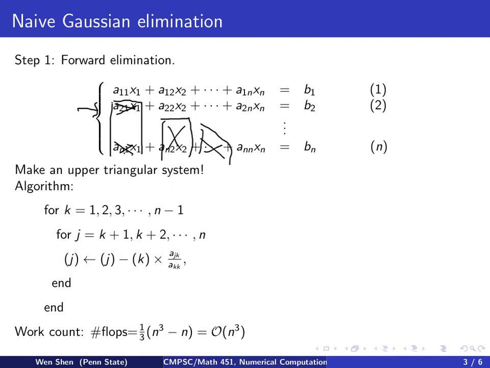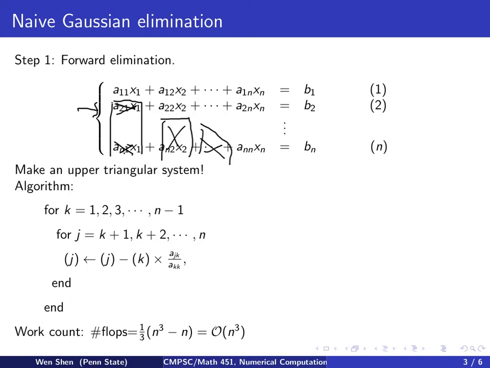Note that here, the j and the k indicate the whole equation. So there are actually many terms in the equation, and there is a hidden for loop in this line here. Let's do a work count. Let's count the total number of flops needed for this forward elimination.